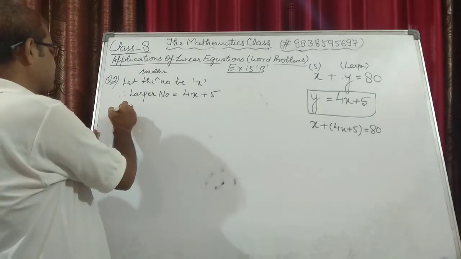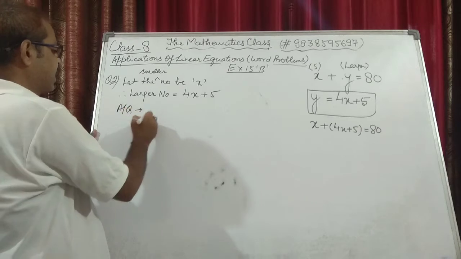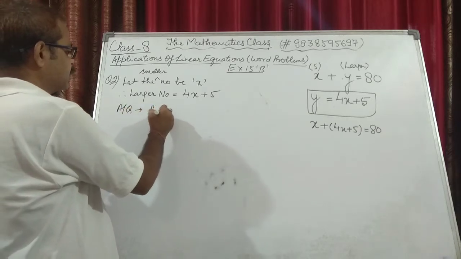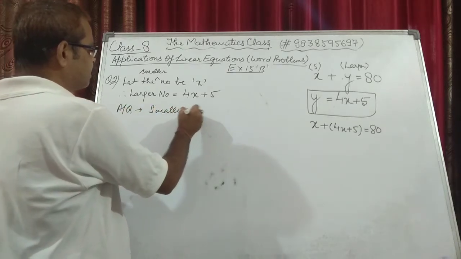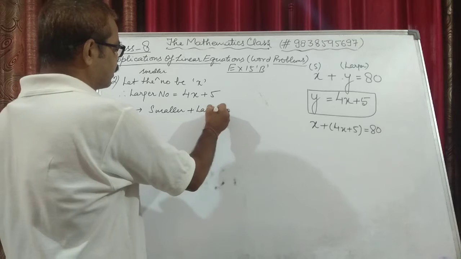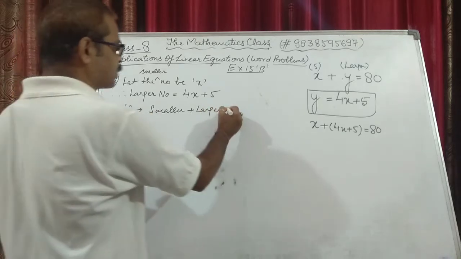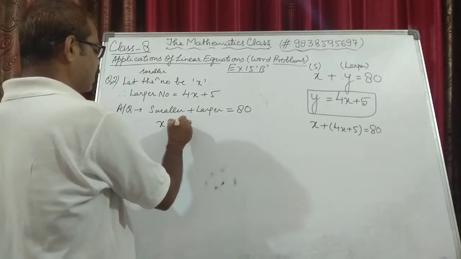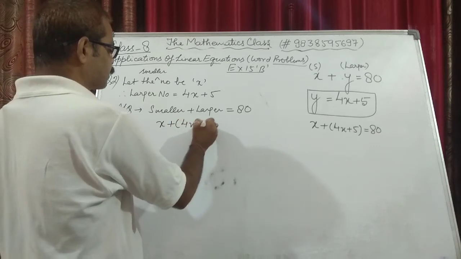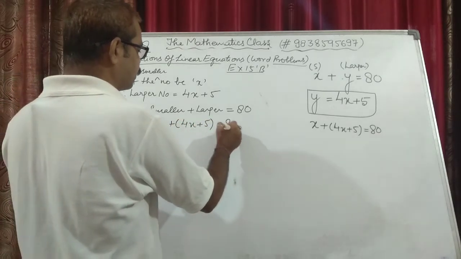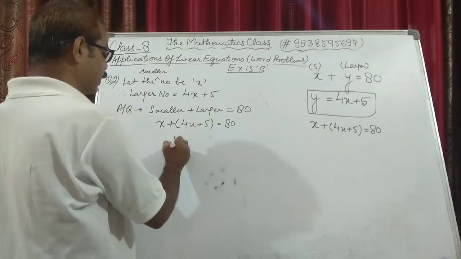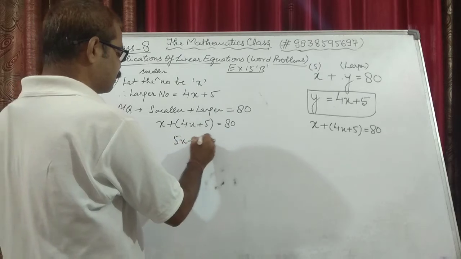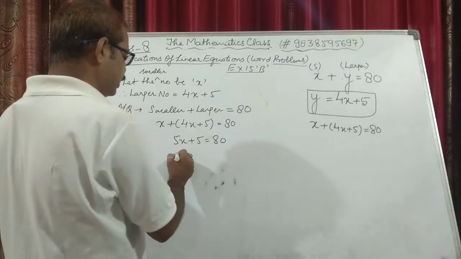Now according to the question, the sum of smaller and larger is equal to 80. Smaller was x, larger was 4x plus 5, equal to 80. You add them up: 4x plus x is 5x, plus 5 is equal to 80.